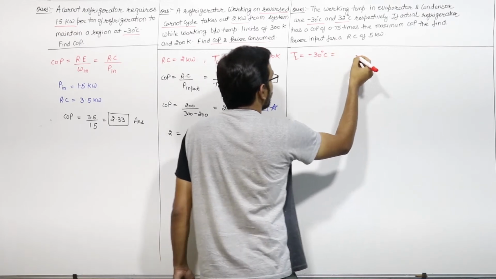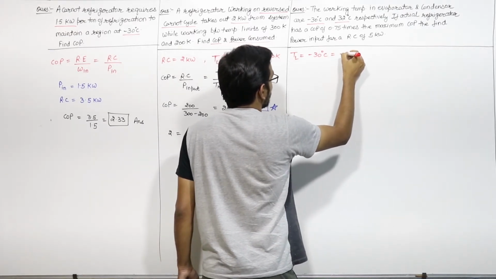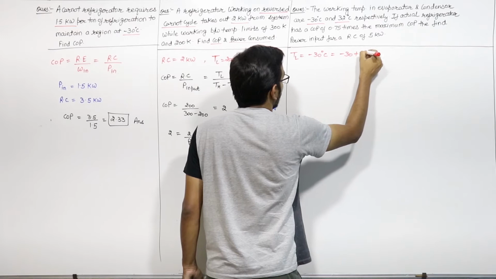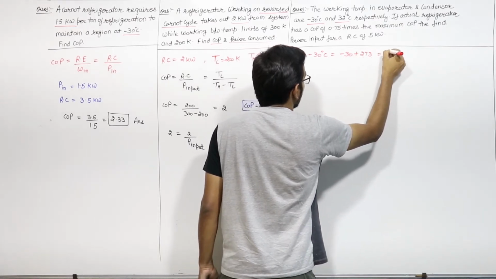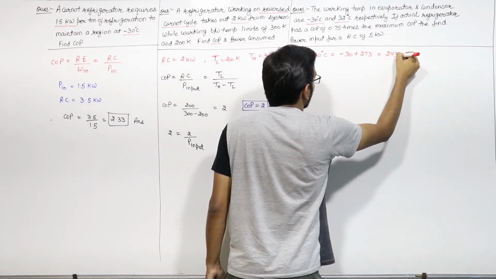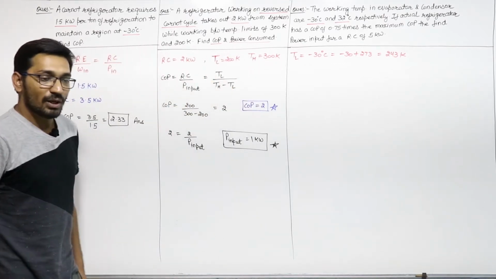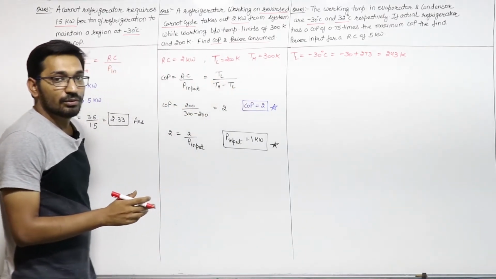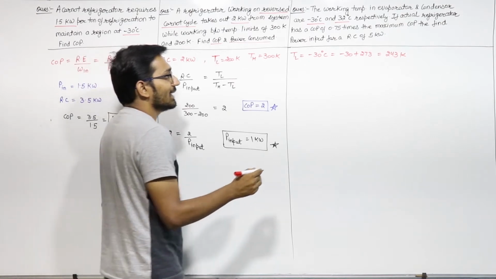If you convert it into Kelvin, this is minus 30 plus 273, which is 243 Kelvin. In the formula we always have to put the values of temperature in Kelvin.